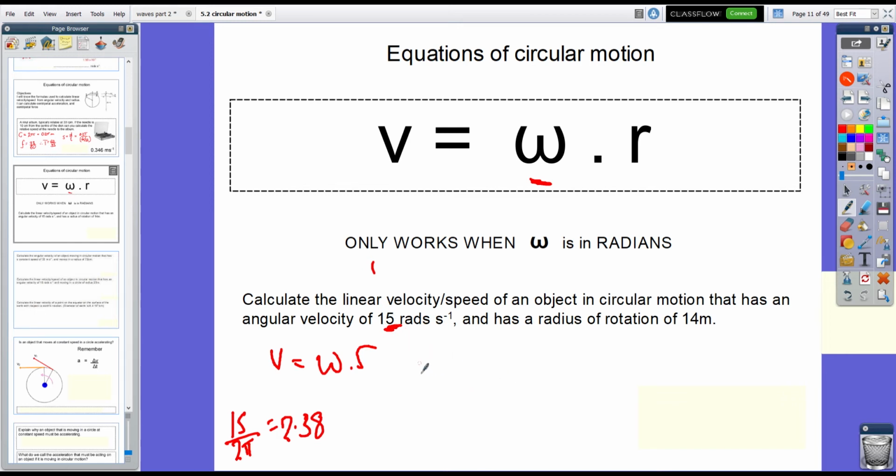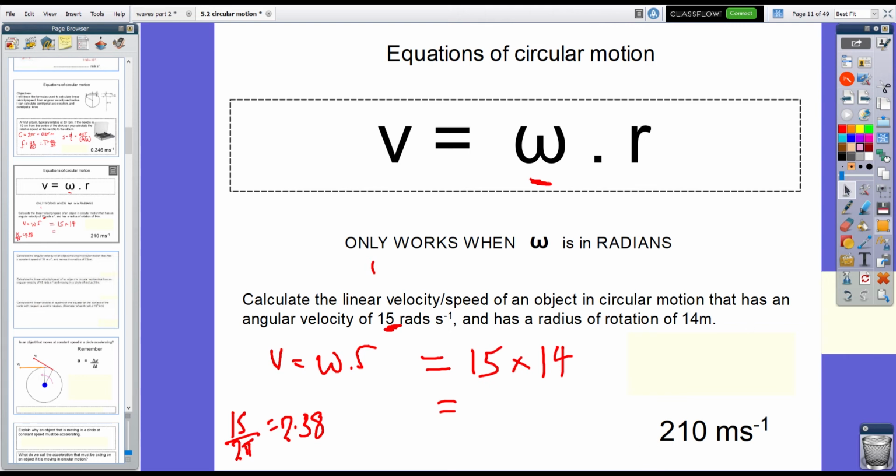V equals omega r, and we're 14 meters away from the center, so it's going to be 15 times 14, which is 210 meters per second. So an object that's doing 15 radians per second at a distance of 14 meters will travel 210 meters in 1 second.